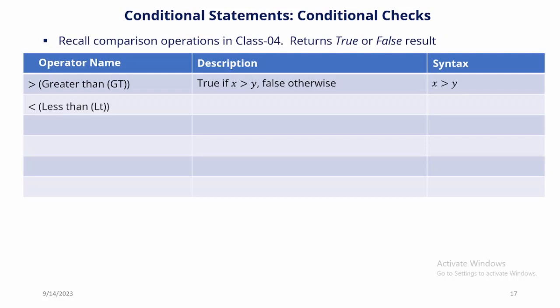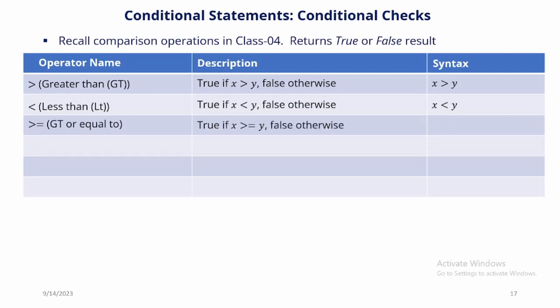There is also the less than, which is true if a variable x is less than a variable y and false otherwise. And the syntax is x < y. There is a greater or equal to, which is true if a variable x is greater or equal to a variable y and false otherwise, the syntax is x >= y.